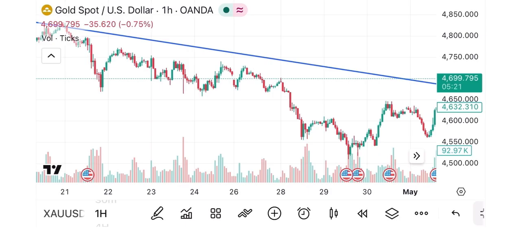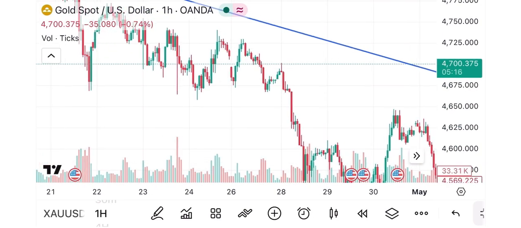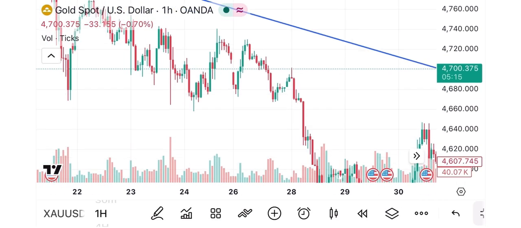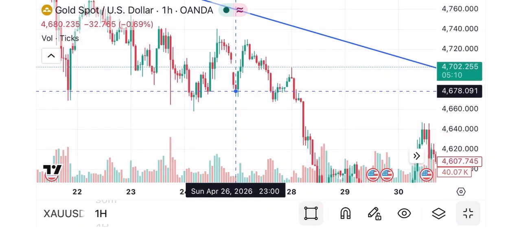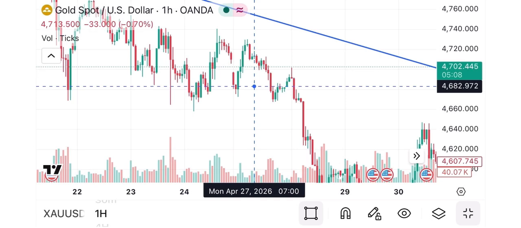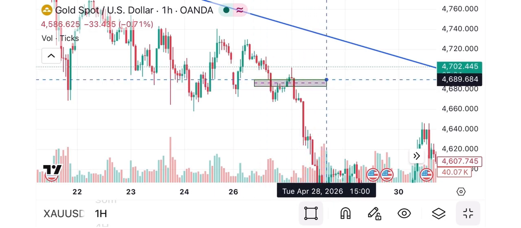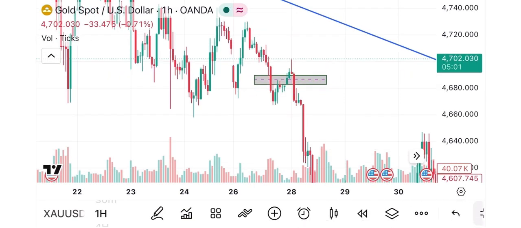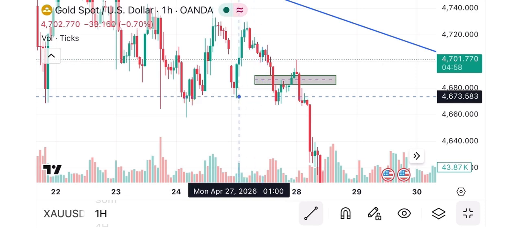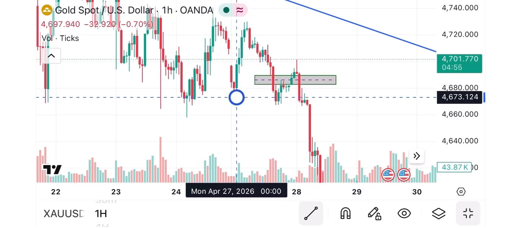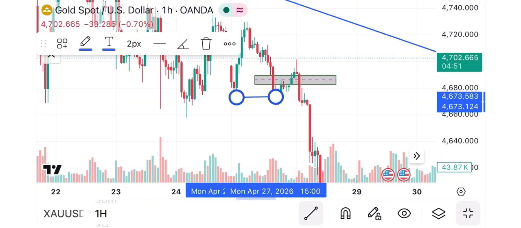So looking at this chart, I want to use this sell setup that has a fair value gap. Let me outline that here. So this fair value gap that is present here, and looking at this chart, you can see a break of structure which happened here. So we are going to label that break of structure, which we all know as BOS.